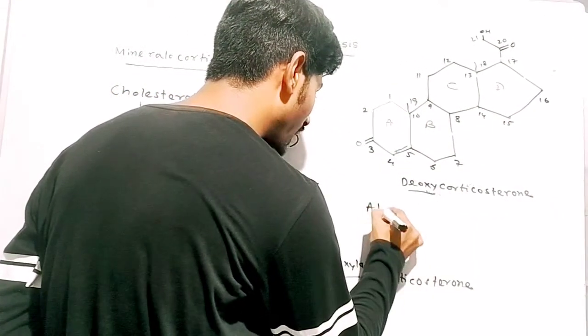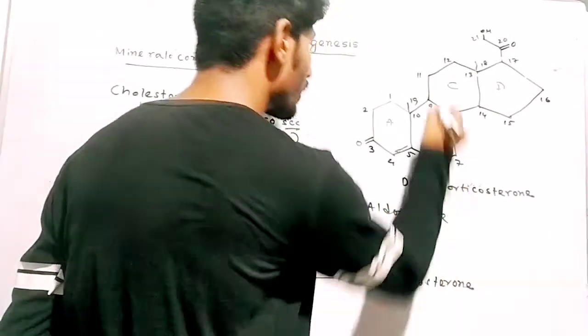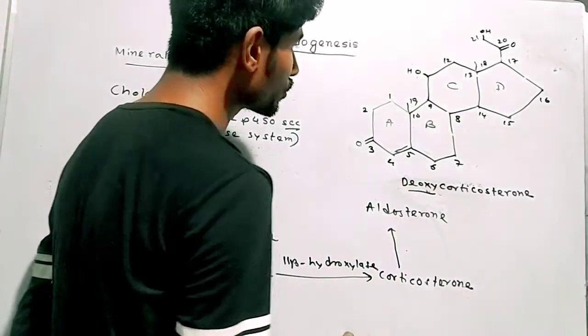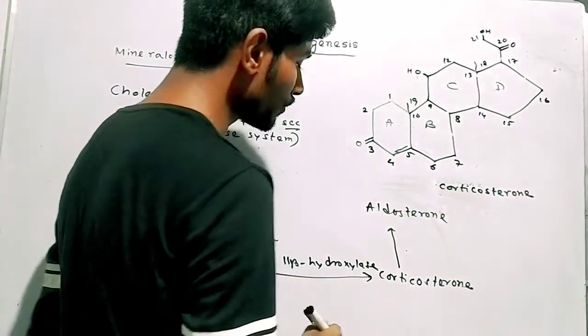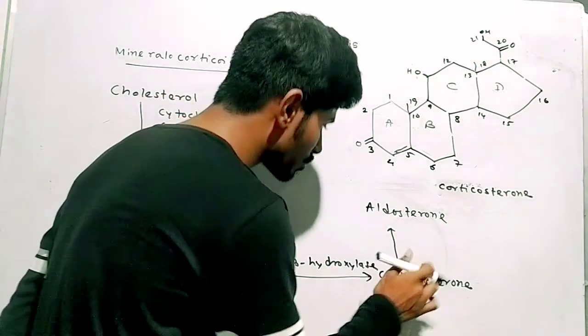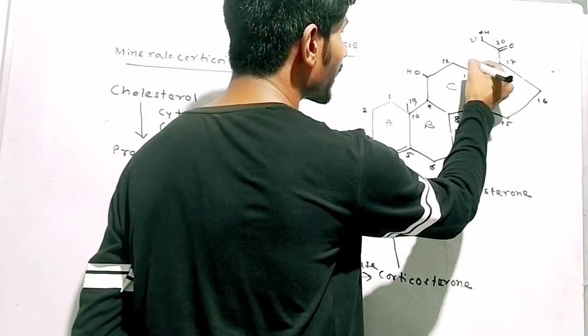Okay, so aldosterone. So if we introduce hydroxyl group here, it will be corticosterone. Now if we want to draw the structure of aldosterone, first we have to introduce an aldehyde group here.